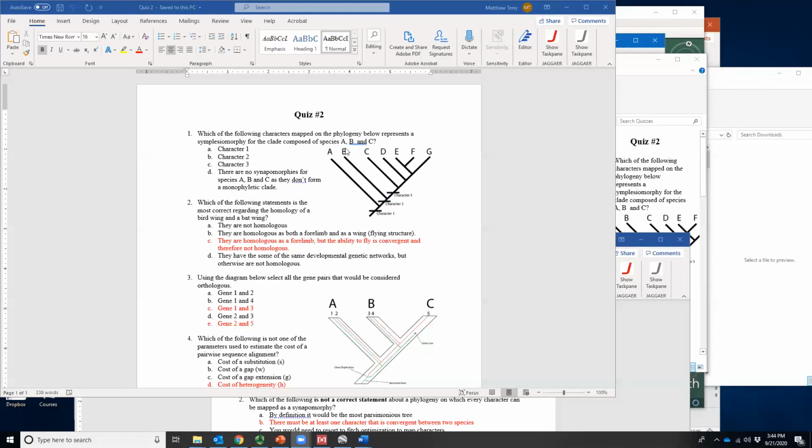Character 2 is a synapomorphy for B, C, D, E, F, and G. Character 3 is a synapomorphy for C, D, E, F, and G. As I'm reading it, I think I had changed it from a previous question and didn't change it enough, so that maybe is why you're misled. The correct answer should have been synapomorphy here. So that's another one I've got to fix for the grad course.